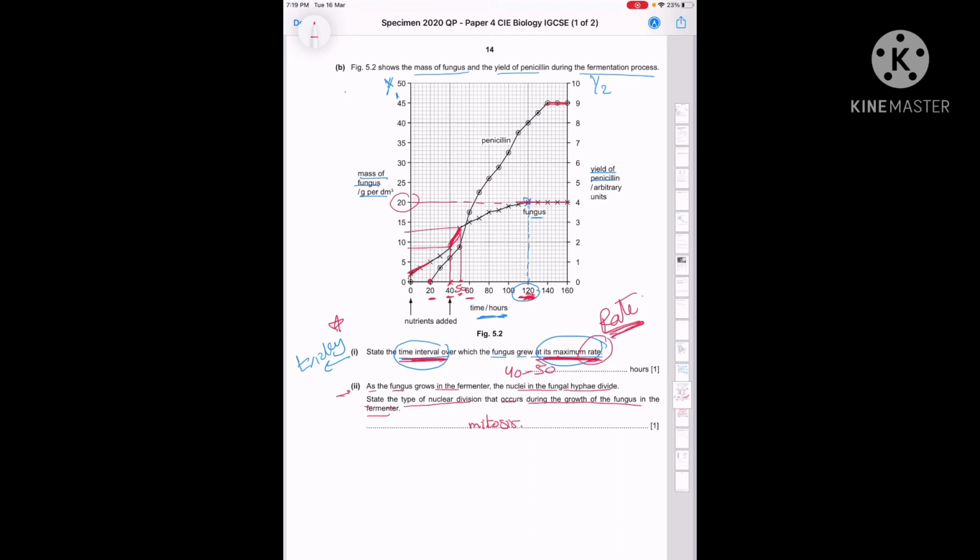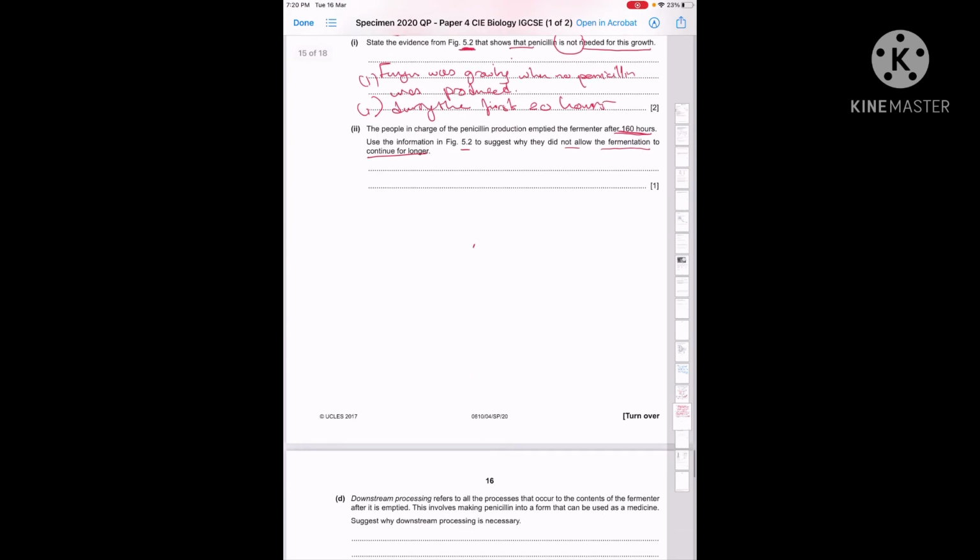So there is no point of not collecting the penicillin at that time, because simply there is no increase in the production of the penicillin. And even if you check, the growth of the fungus is also leveling off. So I'm not even getting more fungus population. Okay, so there's no point of not collecting the penicillin at that time.